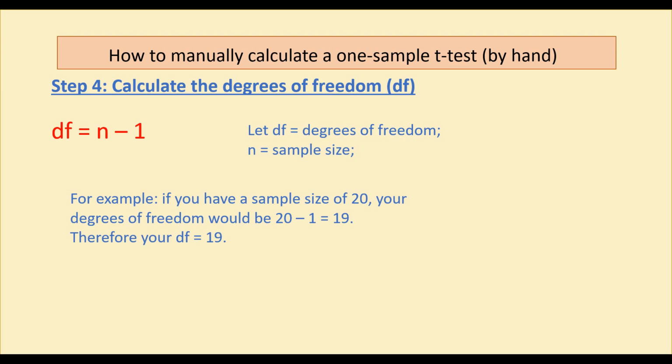So for example, if you have a sample of 20 individuals, your degrees of freedom is going to be 20 minus 1, which is 19. The degrees of freedom being presented here is the actual formula: df equals n minus 1, where n is your sample size. It doesn't matter how big or how small your sample size is, it's always going to be n minus 1.